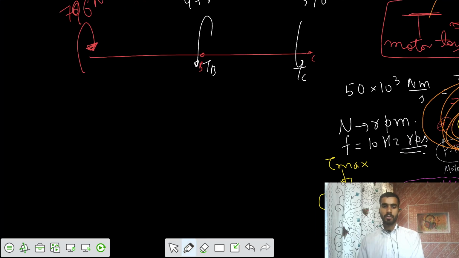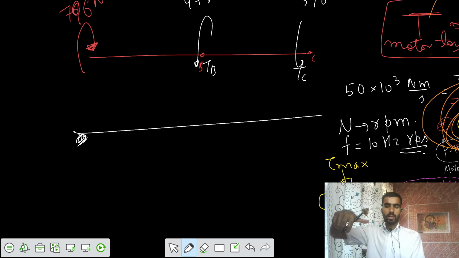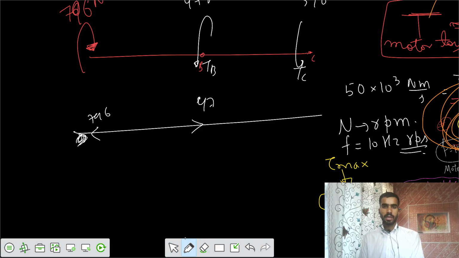Now from this, if you make the TMD, firstly you can say this is your line diagram. By the thumb rule, the rotation is in this way, so the thumb is outwards. So I would say this is your 796. After that, there is your 478, and this one is your 318.